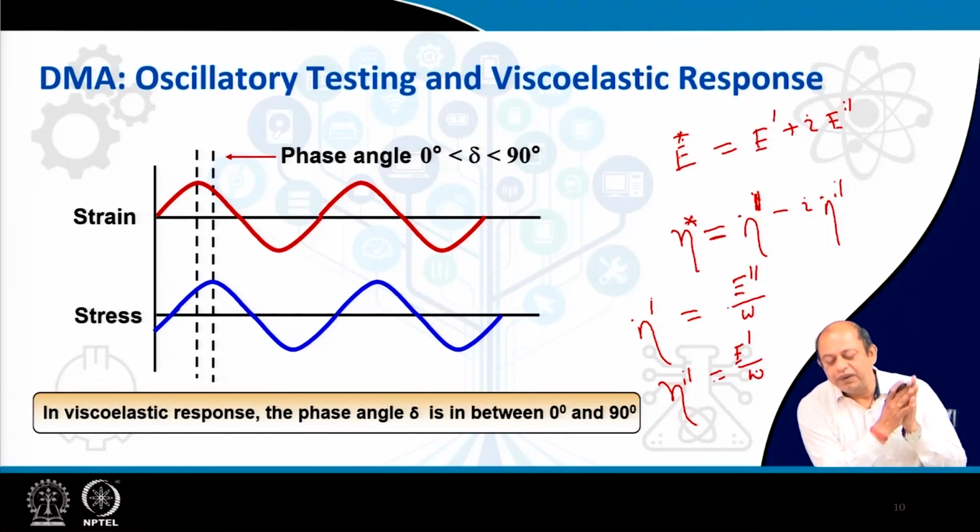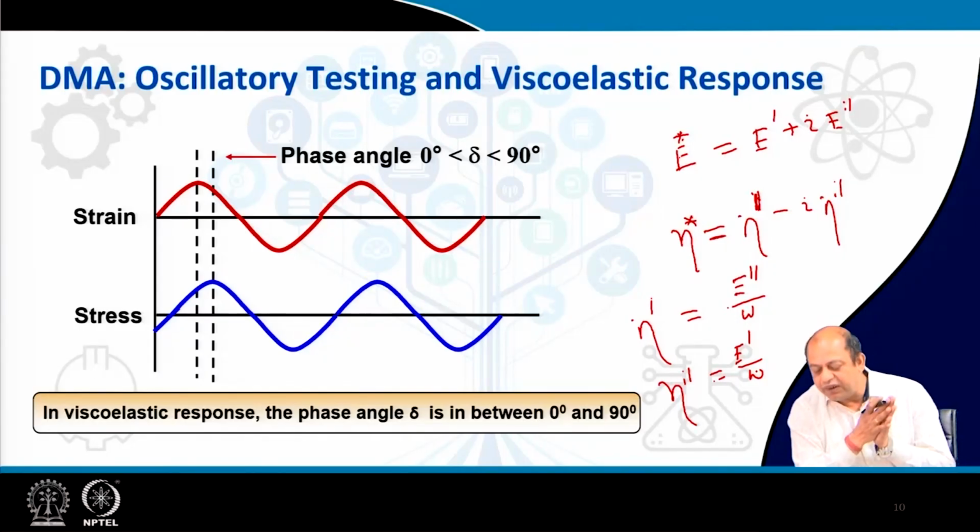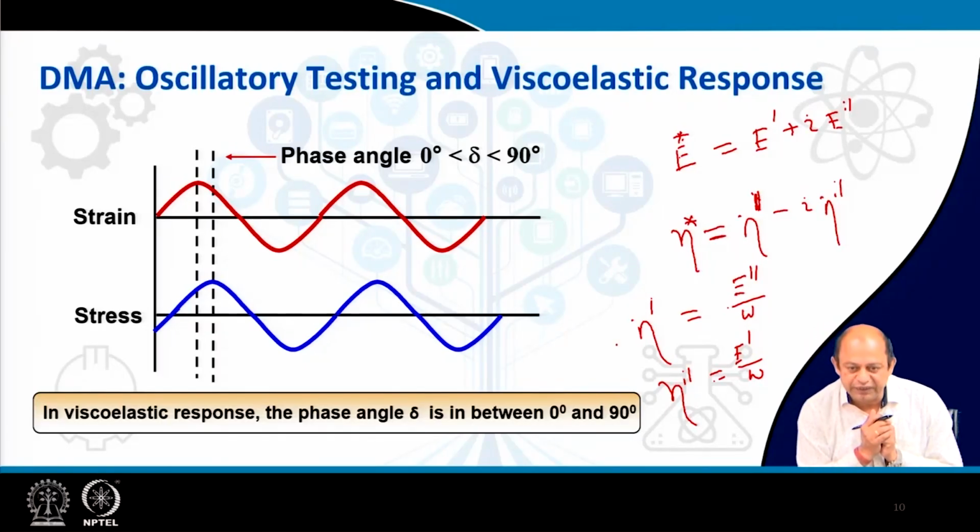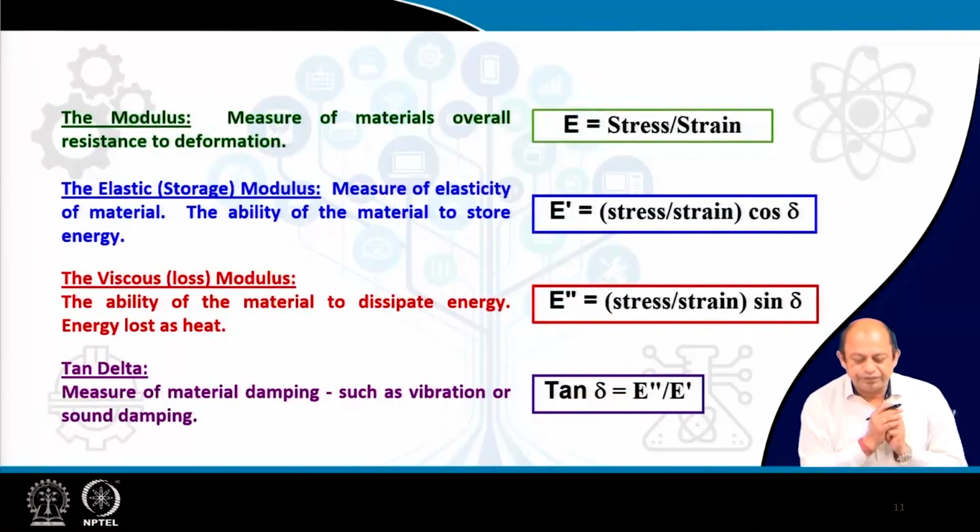In that essence, modulus is the more pertinent parameter there. When I talk about oscillatory rheology, of course at higher temperature it is more viscous in nature, so I try to represent it as a viscosity, with real and imaginary components. That is how it is defined.